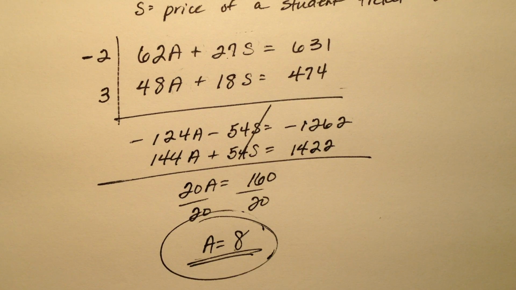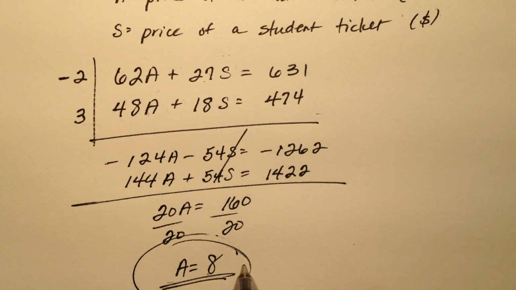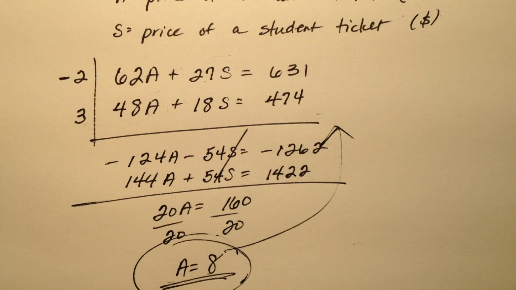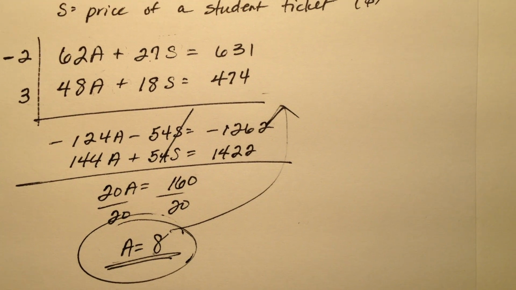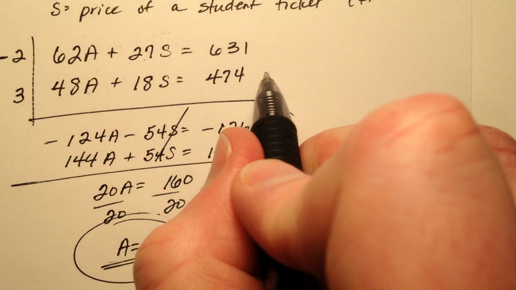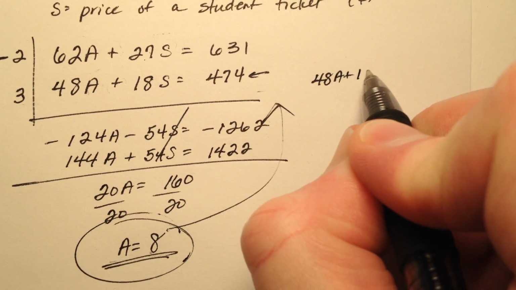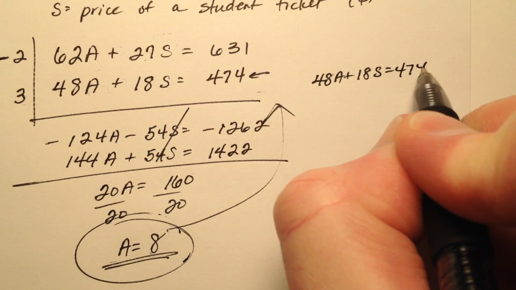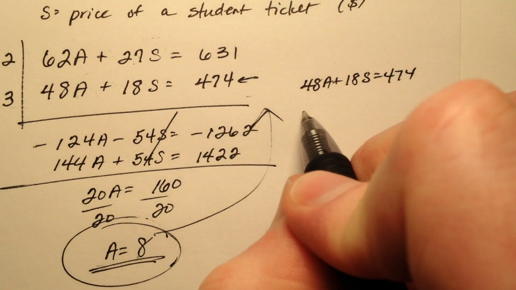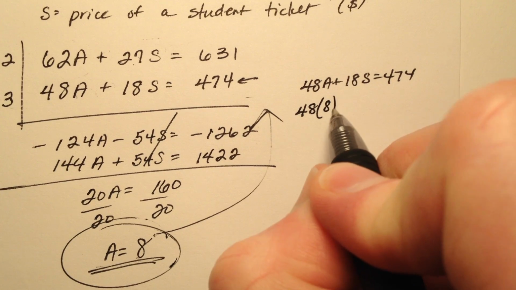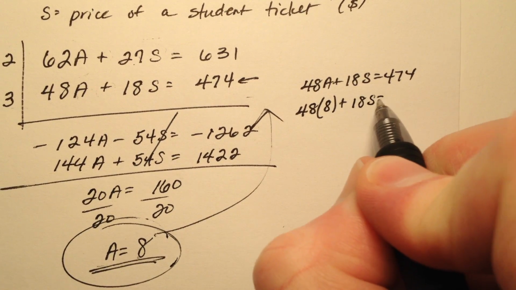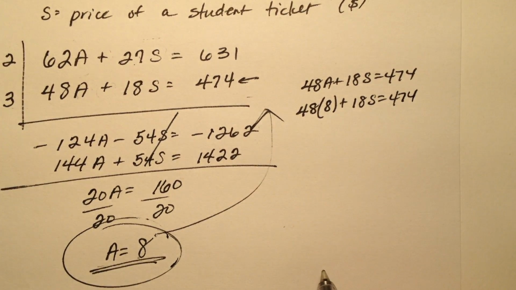Okay, now that I know the value of one of my variables, I can go ahead and plug that back in up here to find the value of the other variable. So let's go ahead and plug it into this second equation. So 48A plus 18S equals 474. So my value of A, it was 8, plus 18S equals 474.